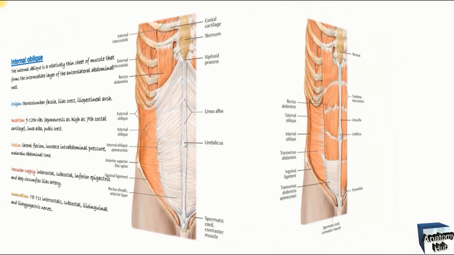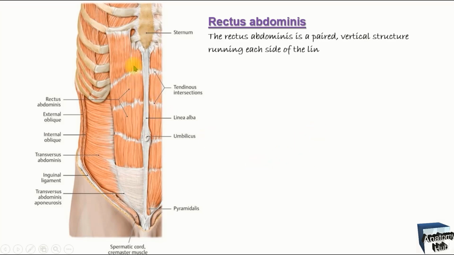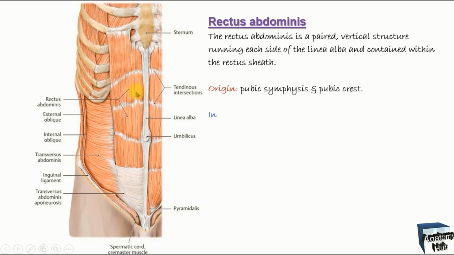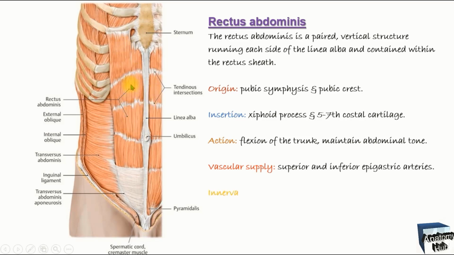So after that you'll find over here the rectus abdominis muscle, the gym muscle, the so-called abs muscle over here. This rectus abdominis is a paired muscle that you can observe over here, and this is the linea alba at the center, from the xiphoid process to the pubic tubercle, and on both sides you will find two strap-like muscles, rectus meaning straight, right?